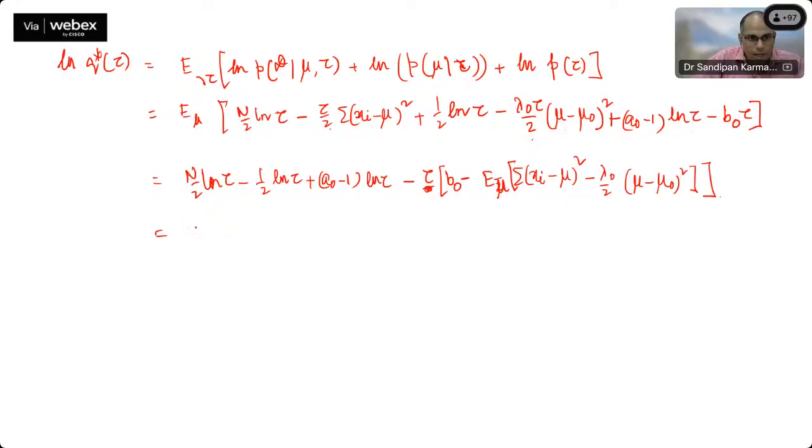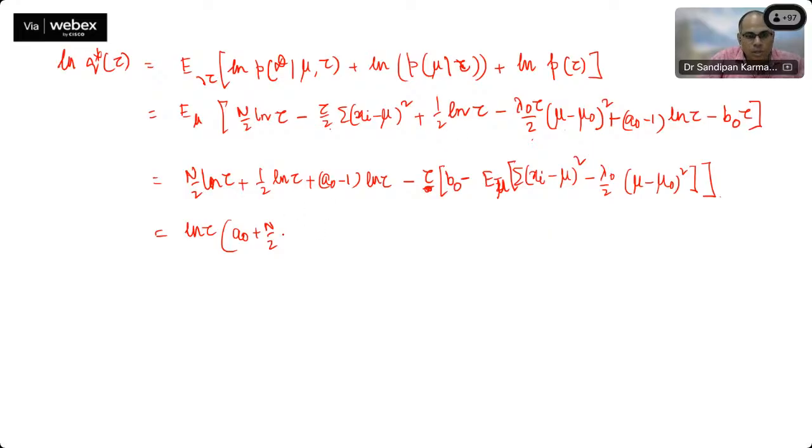So ln tau: if we are collecting this, a naught plus n by 2, and then n by 2, and here I think I have made some mistake, this is plus.